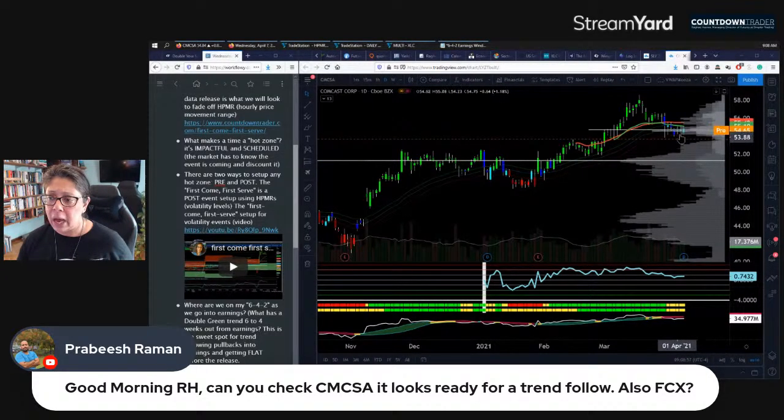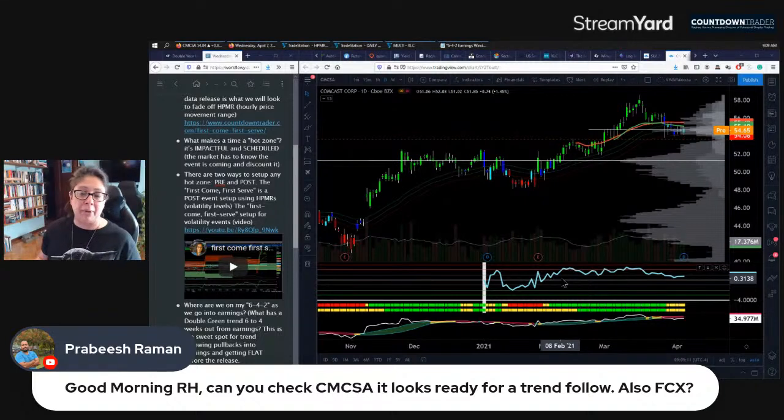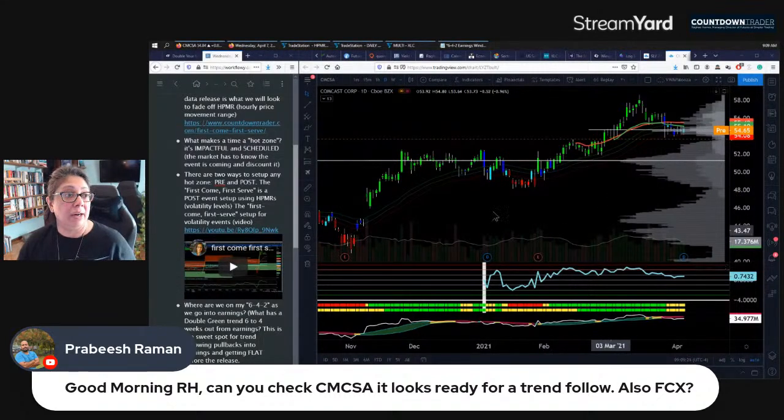So I would definitely look to start legging in if you want to do that to a call debit spread, or if you want to just start building the long position. Now, this orange line is indicating where I would like to be long, but I also think we could probably ratchet that up a little bit. So Comcast is definitely one that we're going to keep our eye on. And again, we love it because it's part of that XLC narrative. And that's been really the best part of the entire tech.